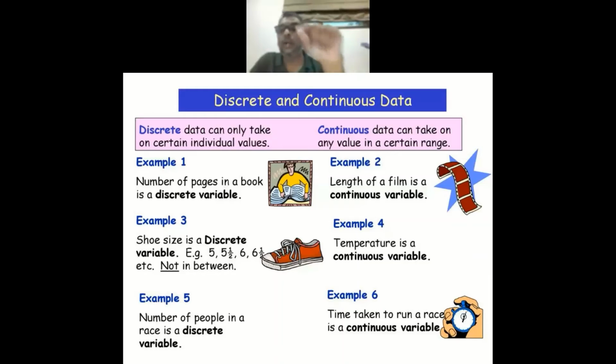Okay? Discrete is sekali. The age, once. The number of times you eat in a day, once. That's it. It is not continuous. Okay? Shoe size. So why do I show you this?